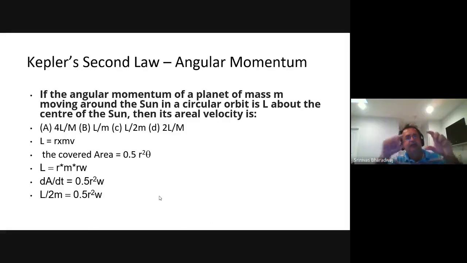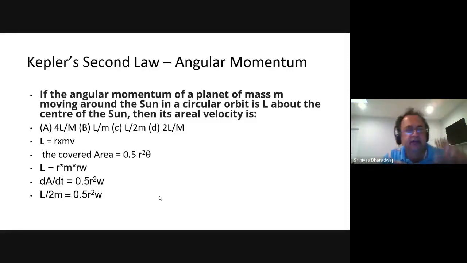I'll tell you why. Think of the whole thing as a small triangle. This length is what? r theta. r times theta will give you the arc length, just as 2 pi r is the circumference, so r times 2 pi is the total angle in radians.